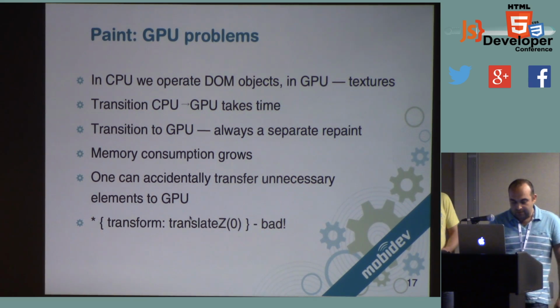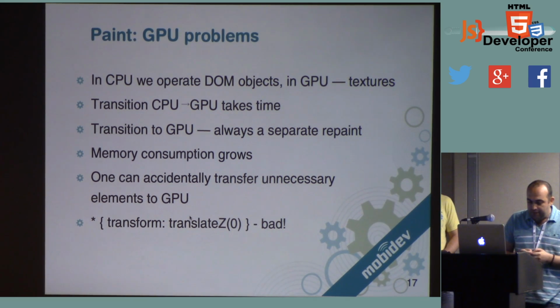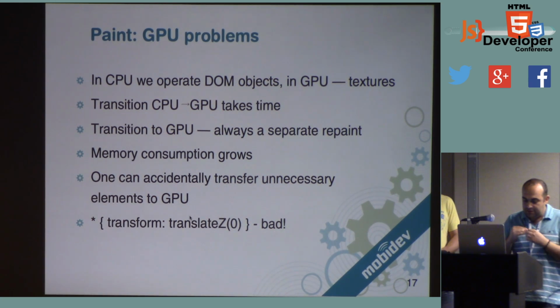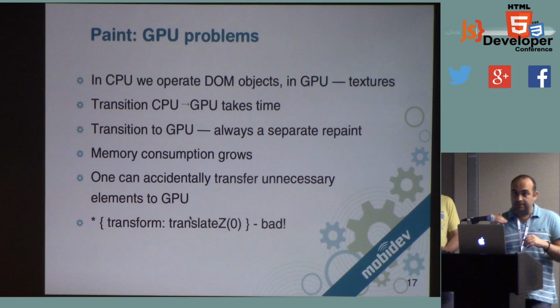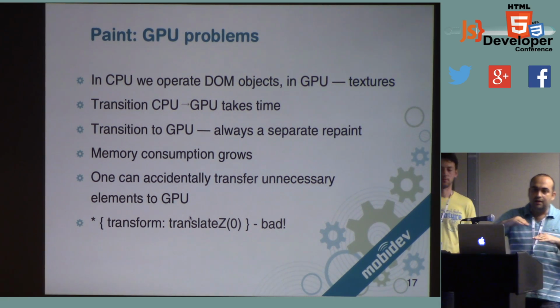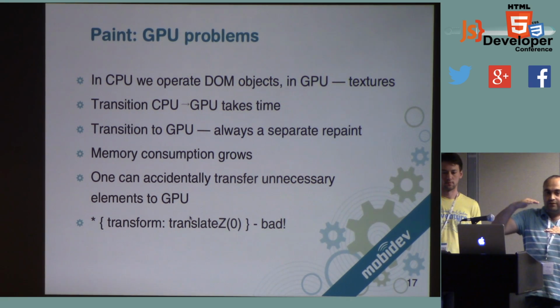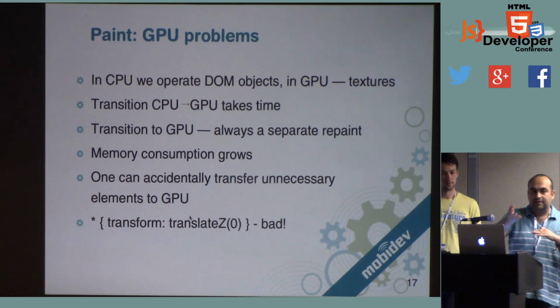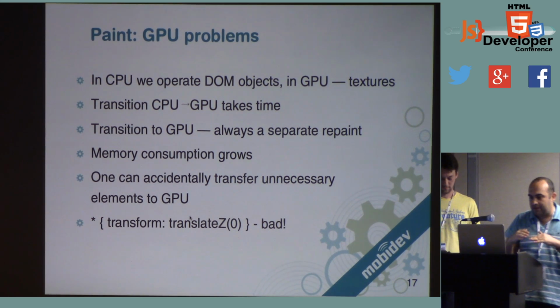And the most important, if you accidentally partially place a layer that is not shifted to the GPU under a layer which is shifted to the GPU, during your animation the first layer will be placed to the GPU and back.